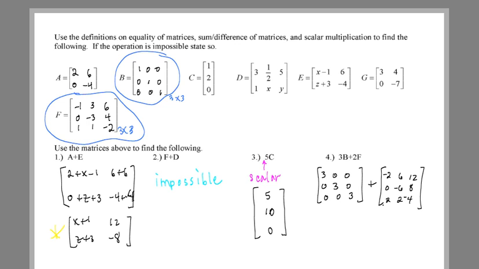Now that we have those two scalar multiplications done, let's go ahead and add corresponding entries. So the final result, 3 plus a negative 2 would be 1, 0 plus 6, 6, 0 plus 12, 12, 0 plus 0, 3 plus a negative 6, 0 plus 8, 0 plus 2, 0 plus 2, 3 minus 4.